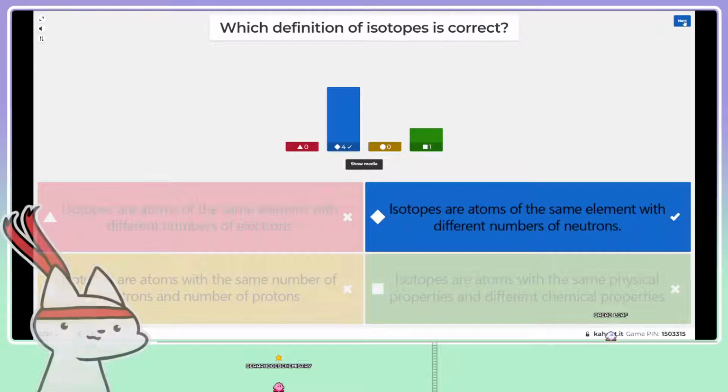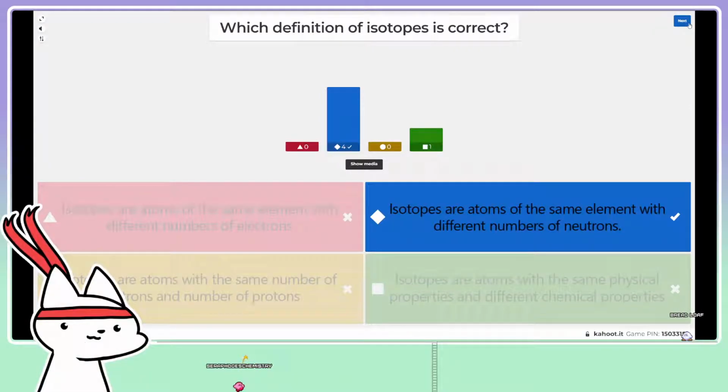Isotopes are elements with the same number of protons but different number of neutrons. It also means that same protons means same element, so if you have the same number of protons, the number of electrons is the same. So chemical properties will never change.